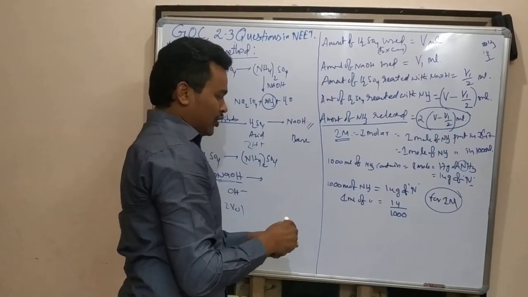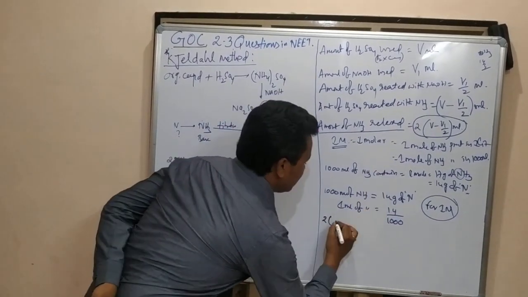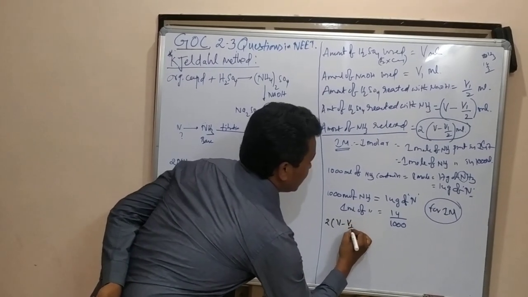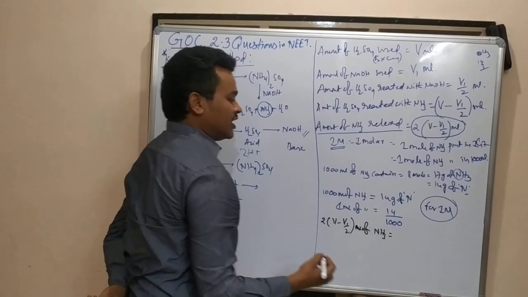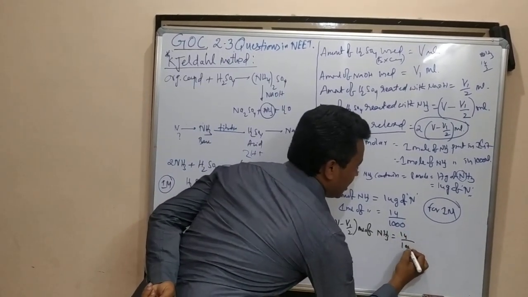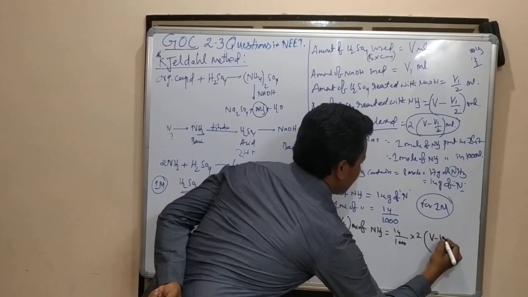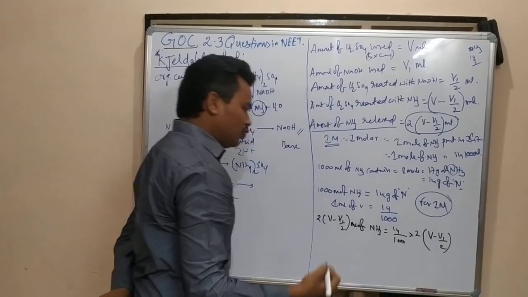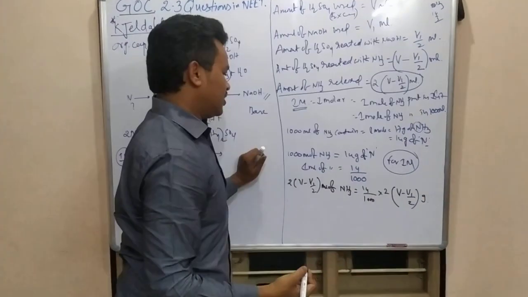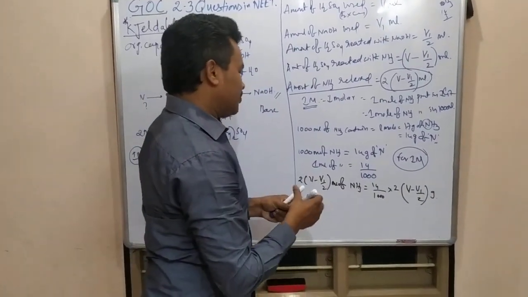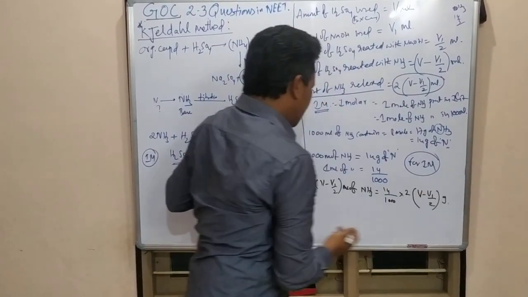So how many ml? 2 into V minus V1 by 2 ml of NH3 contains how much nitrogen? 14 by 1000 into 2 into V minus V1 by 2 grams of nitrogen.